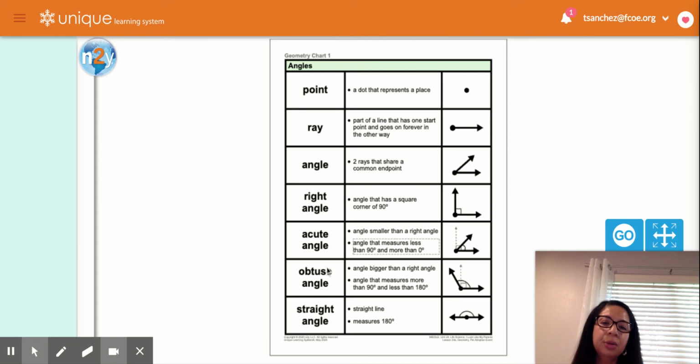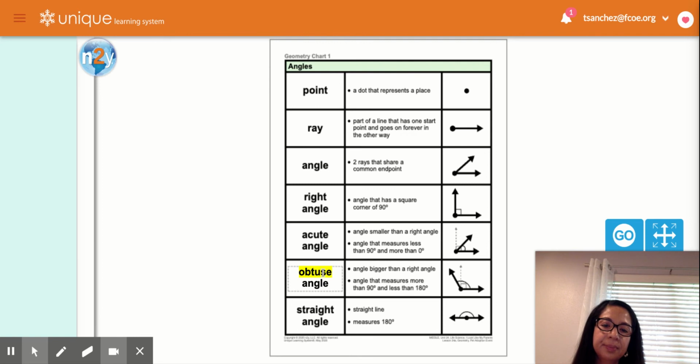And then the third one we talk about is the obtuse angle. It looks like this. It's an angle bigger than a right angle, one that measures more than 90 degrees and less than 180 degrees. You see this line here? We're focusing on that. The right angle is here, showing you that's 90 degrees.